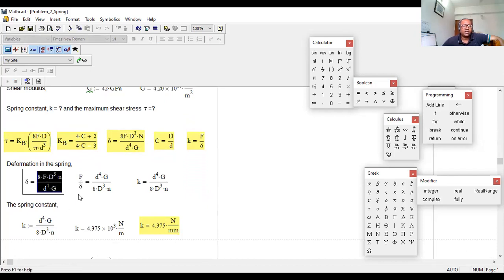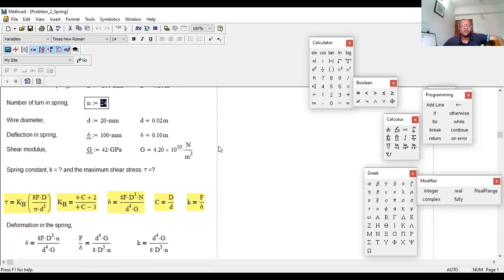So, F by delta equal to how much? This. And F by delta is the spring constant. So this is equal to F by K. And all values are given. Small d value we know, G value given, the mean diameter of the spring is given, n equal to 20. Ton, right?